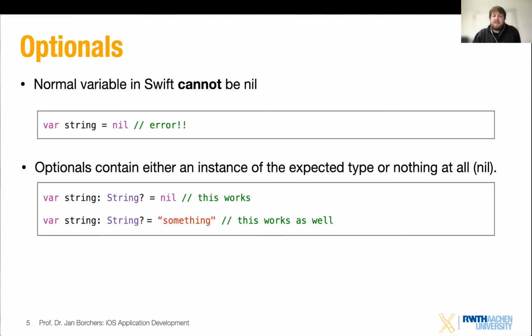And you can recognize optionals by the question mark behind the type. So here the string is of type string optional. And that is its own type. It either is a string inside that optional, or there's nothing inside that optional. But string optional is the type that you're using here.